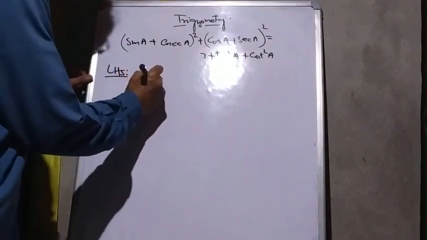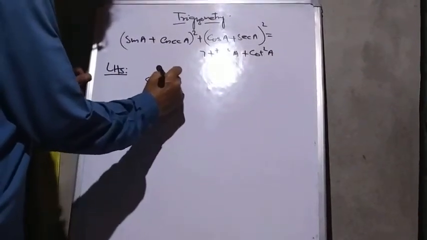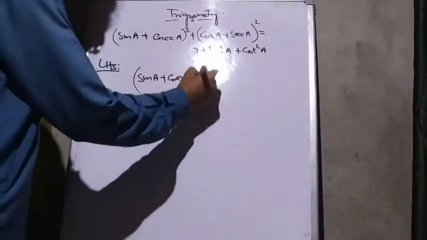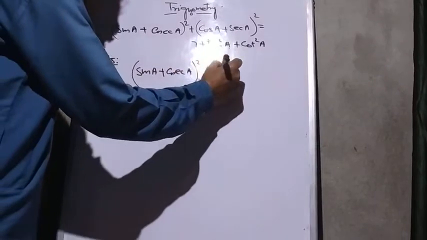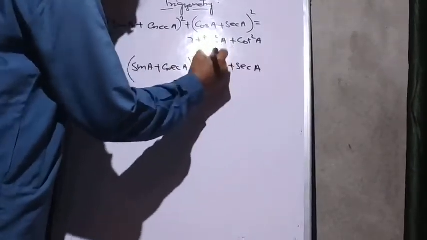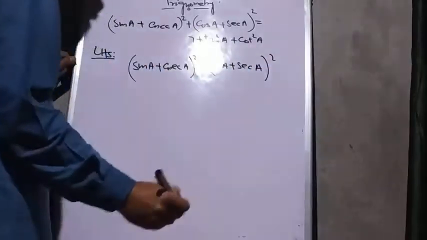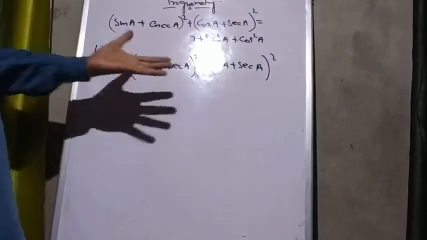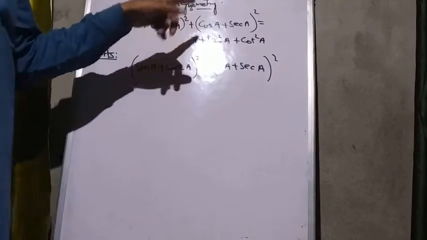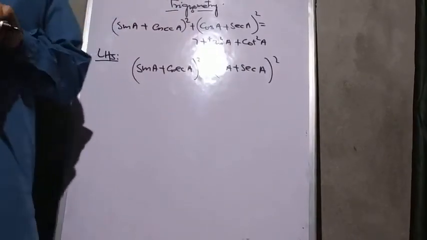Our LHS is (sin A plus cosec A) whole square plus (cos A plus sec A) whole square. So we have to prove that this left hand side is equal to right hand side, that is 7 plus tan square A plus cot square A.